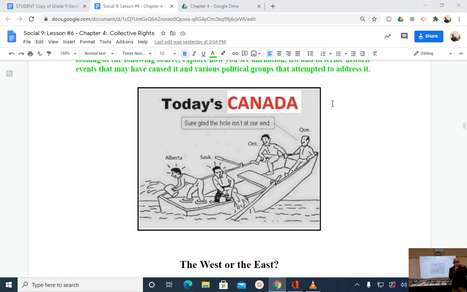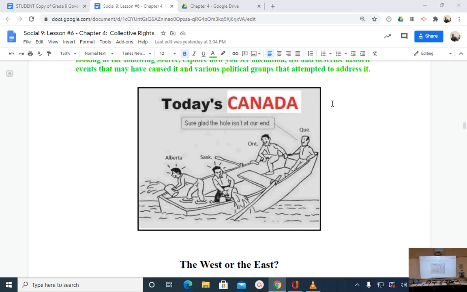Let's take a step back. Quebec says, sure glad the hole isn't at our end. So there's a problem in the cartoon, isn't there? There's a problem that the people are wrestling with, and there's a hole in the boat. Again, the boat's a metaphor.